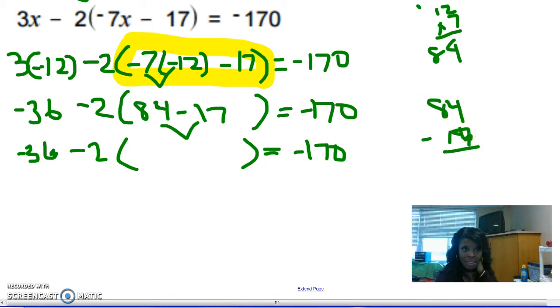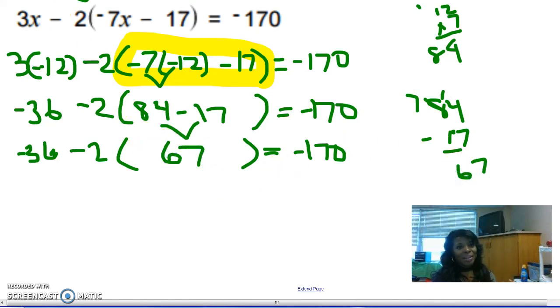All right, so, that looks horrible. Okay. 84 minus 17. You need to regroup because you can't take 7 from 4. So, Lord have mercy, long day. Okay, this is a 7. 14, 7 from 14, 7. 7 minus 1 is 6. 67. So we're going to throw that in there.